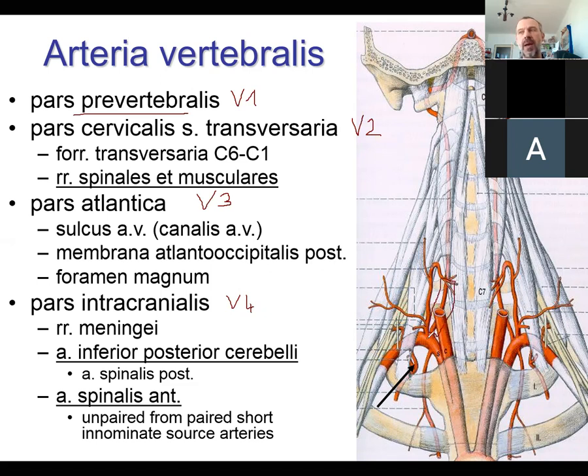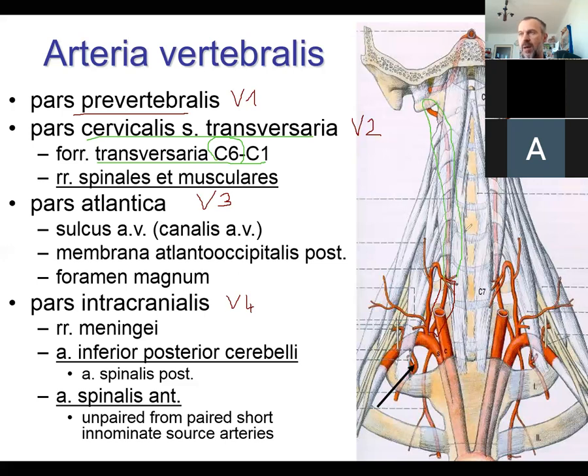No branch, it just approaches the vertebral column, and gets into the transverse foramen of C6. C7 is free of artery, there's only the vein, the vertebral vein, but the artery is usually from the level C6. We call it the cervical or transverse part. So the cervical or transverse part is the part up here.